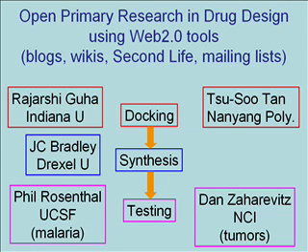What that's enabled is collaborations with people that we would have never met any other way. For example, Rajarshi Guha at Indiana University, we met through our blogs, and he's been very active in docking our compounds to tell us which compounds we should make for enoyl reductase or for falcipain.